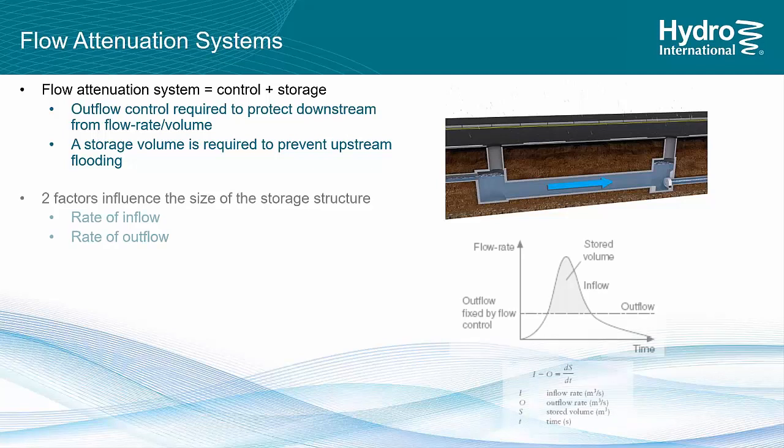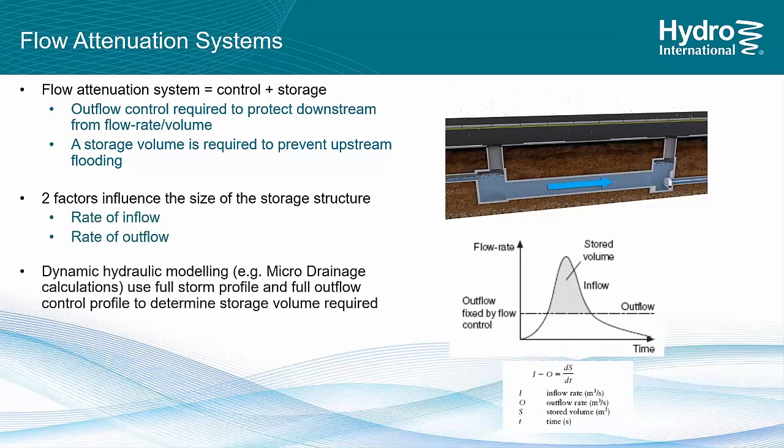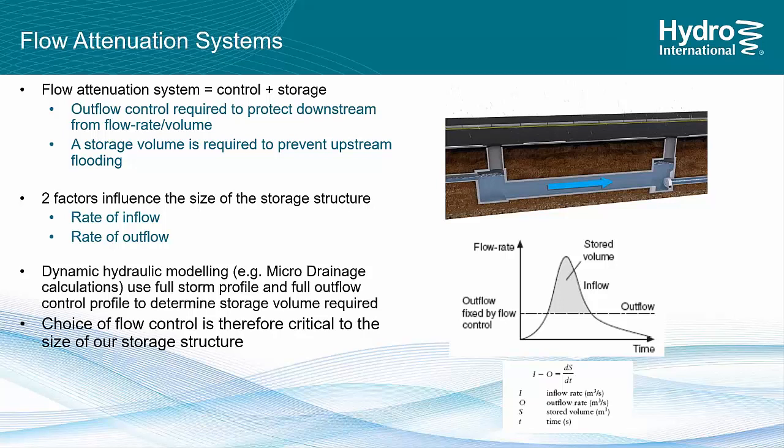So flow controls and storage are very much intrinsically linked, and depending on the type of flow control you select, that can have a significant impact on the volume of storage that you have. And it's not just the top design flow rate or your peak design flow rate that you're designing for, which will have an impact on that.